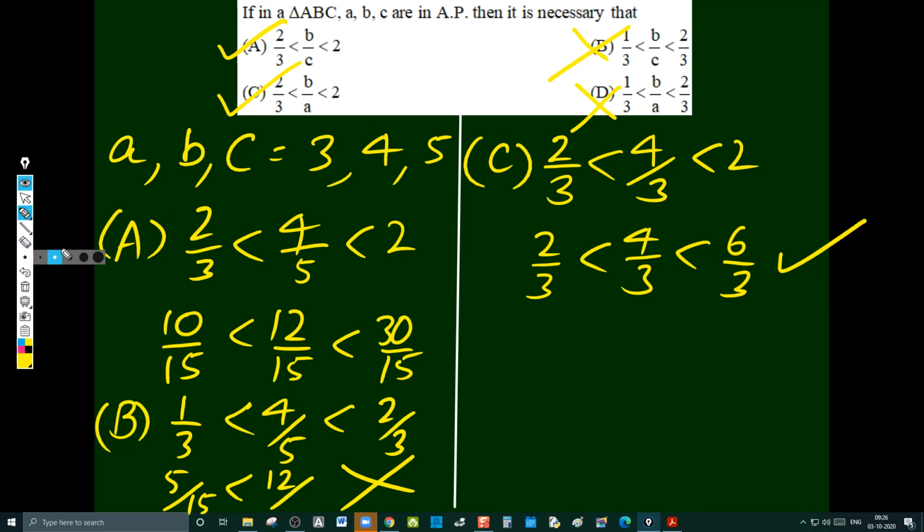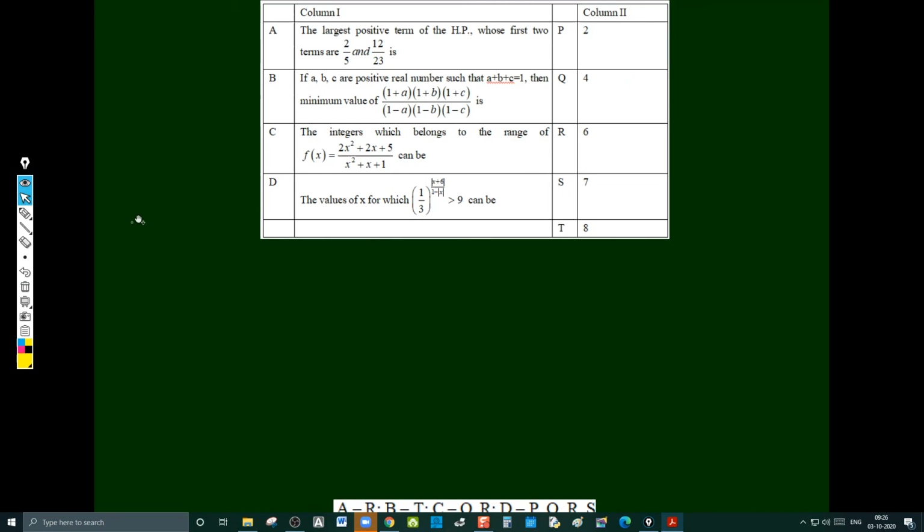The largest positive term of the HP, whose first two terms are 2 by 5 and 12 by 23, is... You can do that easily.